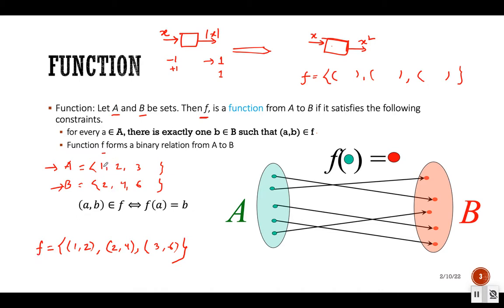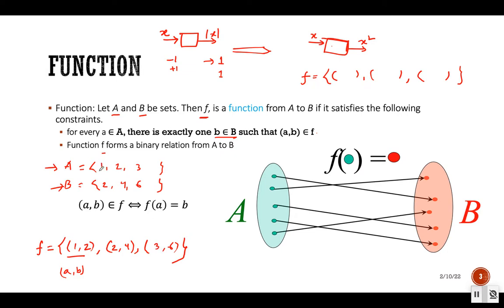For every a belongs to A, there is exactly one b that belongs to B, such that (a, b) belongs to f. For every a I have 1, 2, 3, so for every element of set A I have an ordered pair. So I have ordered pairs for 1, 2 and 3.